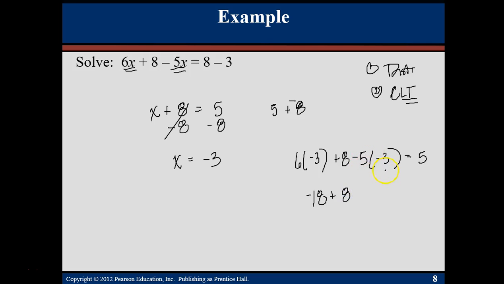And then I have a negative 5 times a negative 3, and so that's a positive 15. Is this equal to 5? Well, this would be a negative 10 plus 15. And yes, these two sides are both equal to 5. And so therefore, I solved correctly because my check worked out.